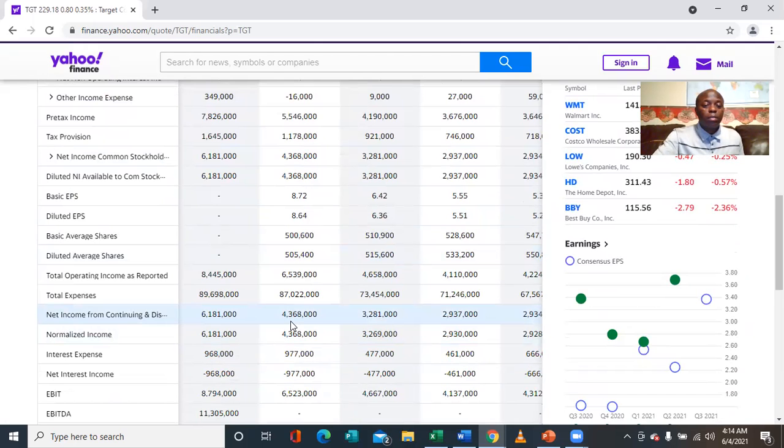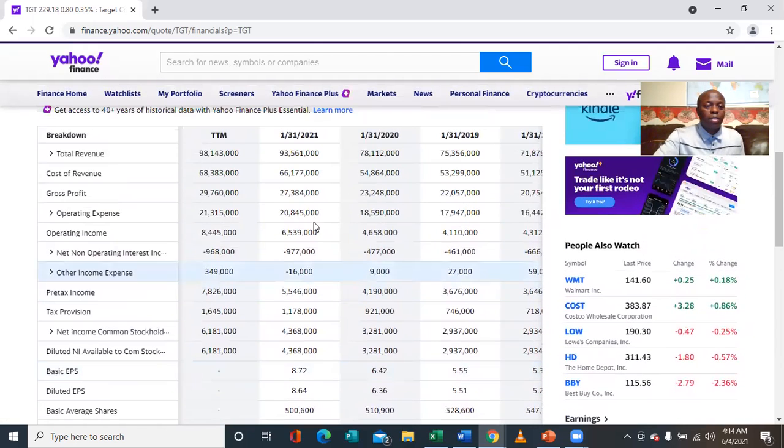Now the next thing we need is the net sales for Target. The net sales means total revenue, because revenue comes from the sales. So we use the total revenue as net sales. We have it as 93561,000. Now that's for Target.